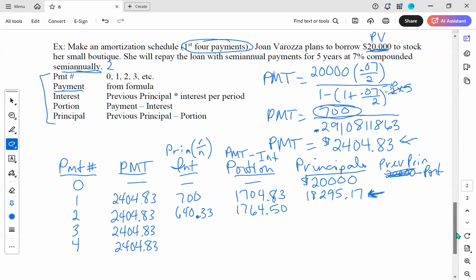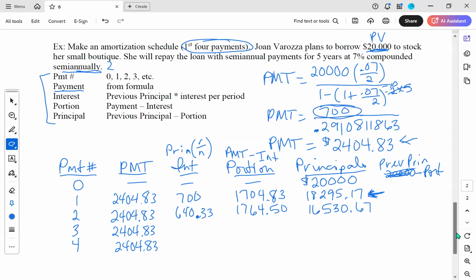The numbers were wrong on my paper, so I have to rework this. That gives us $16,530.67. And so now our new principal is this $16,000. It's no longer the 18,000. And so we start the process over again.